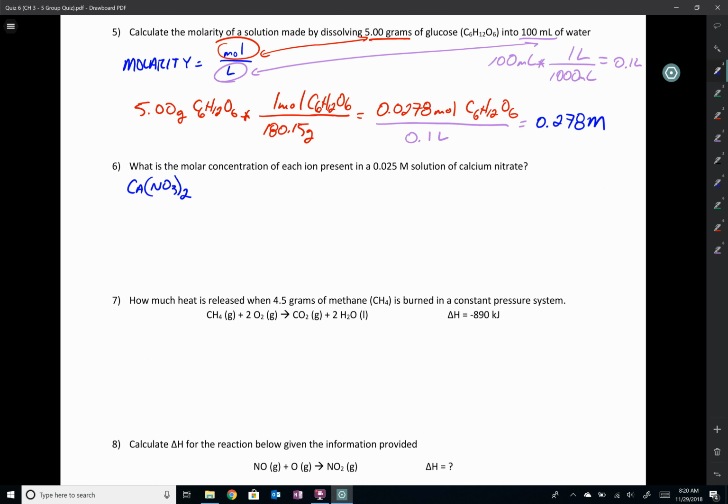Now, calcium nitrate is an ionic compound, and if we take a look at our solubility rules, they state that compounds containing nitrates tend to be soluble. And so when you dissolve calcium nitrate, it dissolves into calcium 2 plus and 2 nitrates.